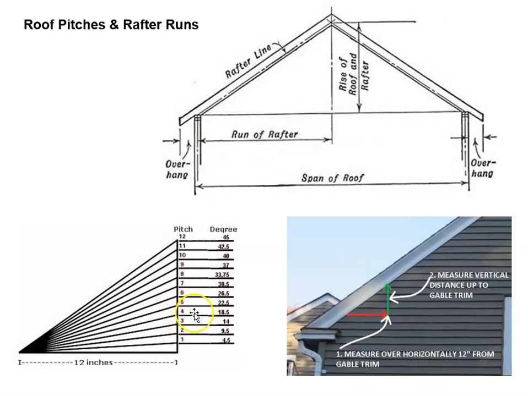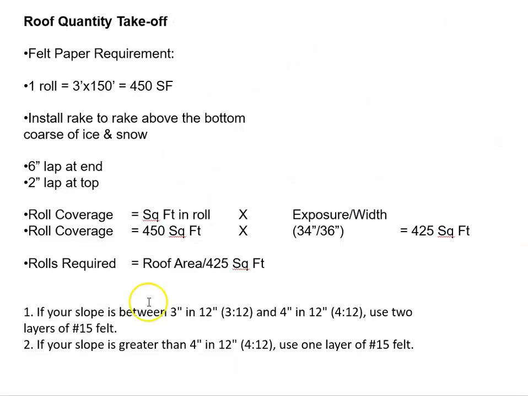So what this is saying is that shingles start at 3 in 12, and if you're doing something as low as 3 in 12 or 4 in 12, then you want to double all of the layers of felt paper, actually, if it's that low. So it's saying use 2 layers of 15-pound felt. There are different pounds. There's 15-pound, 30-pound.